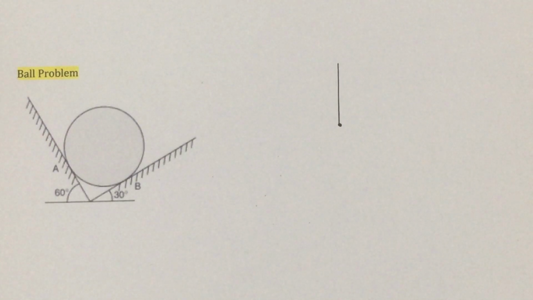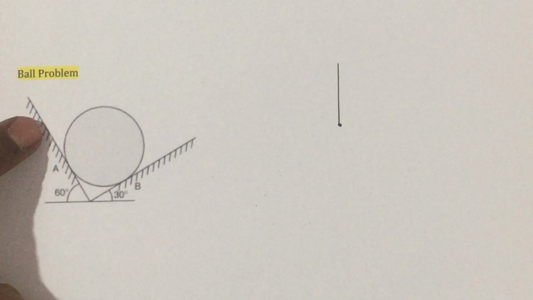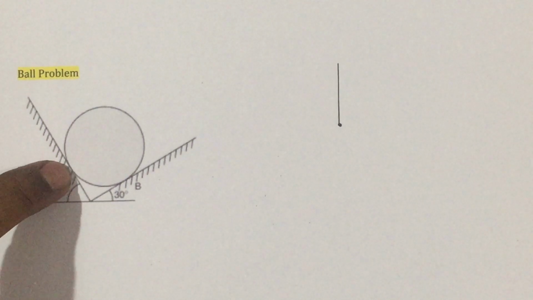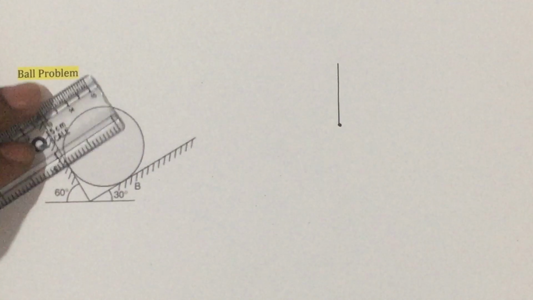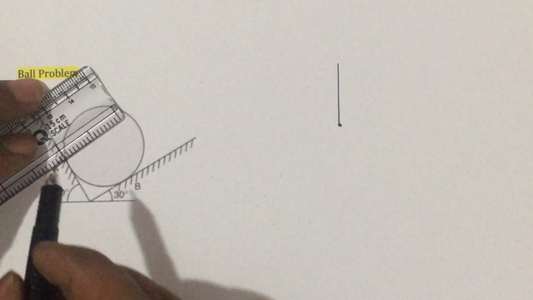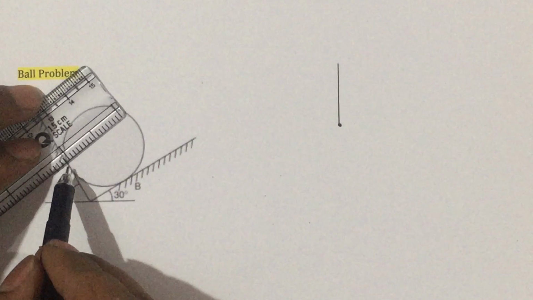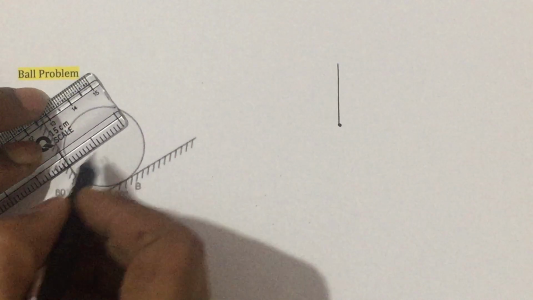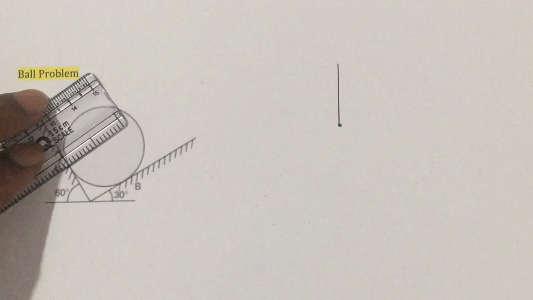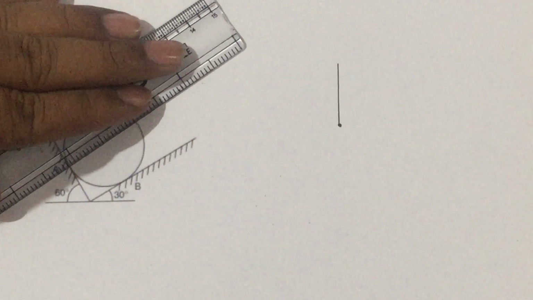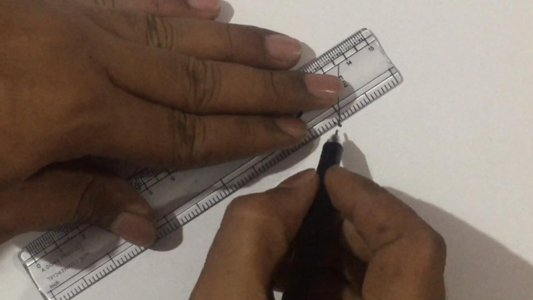For every action there will be an equal and opposite reaction. How is the reaction going to act? The reaction will act perpendicular to the contact plane at the contact point. So, the reaction will be perpendicular to this contact plane at this particular point and you will get an inclined line. So, write it like this.